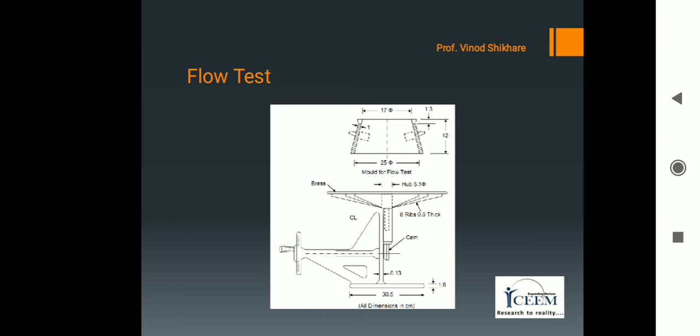The flow of concrete is measured by measuring the spread diameter of the concrete mix in at least about 6 directions, and the percentage flow is determined by the formula: flow in percentage is equal to spread diameter in centimeter minus 25, divided by 25, into 100, where 25 centimeter is the original base diameter of the concrete mold before compaction.